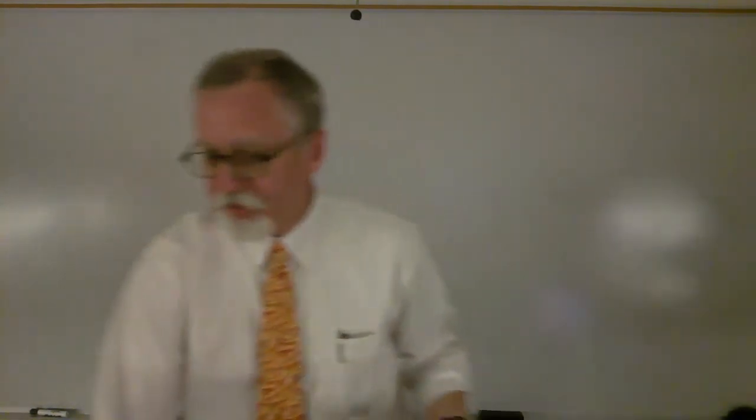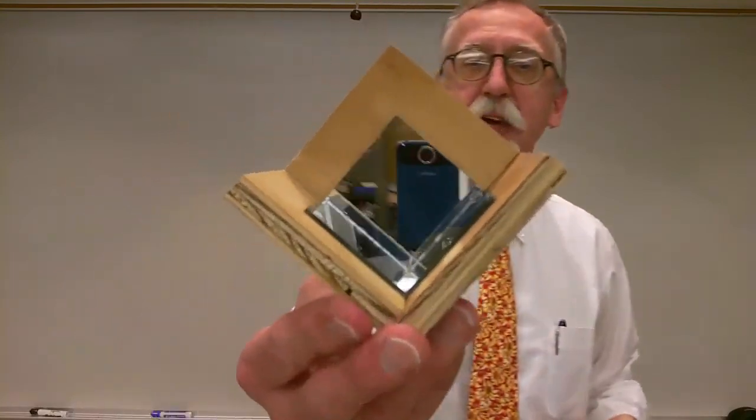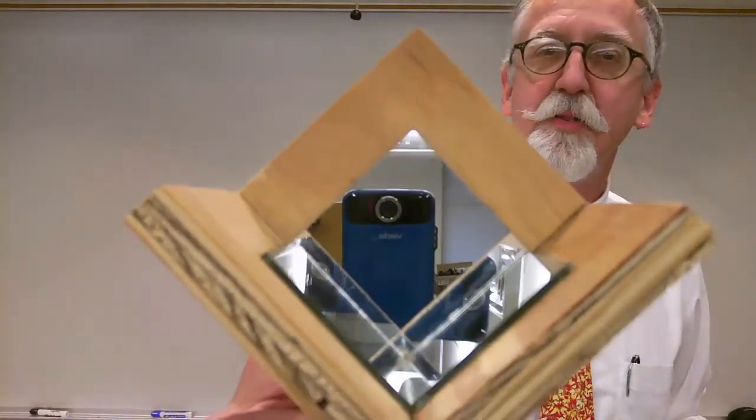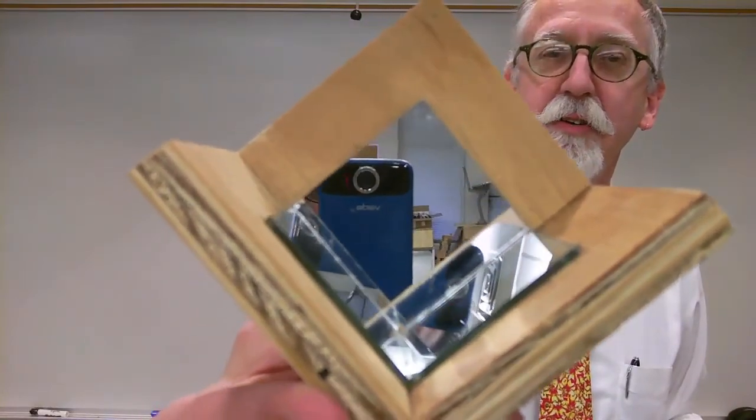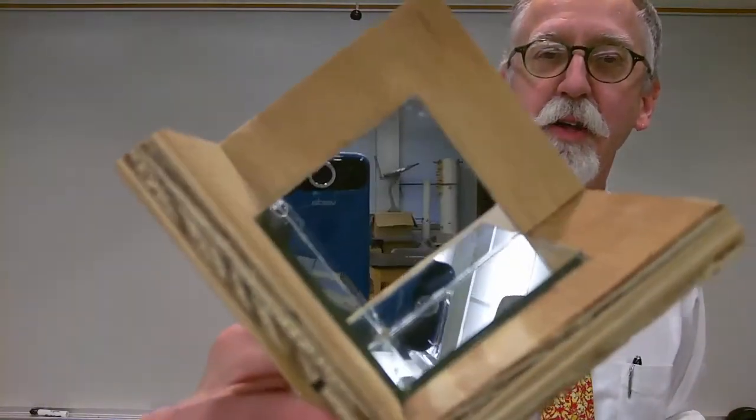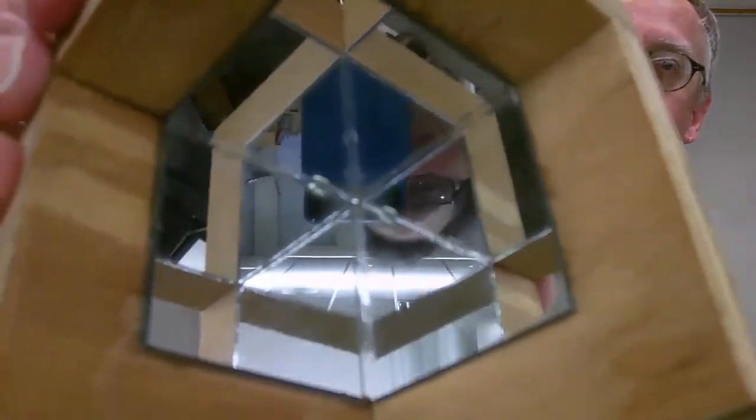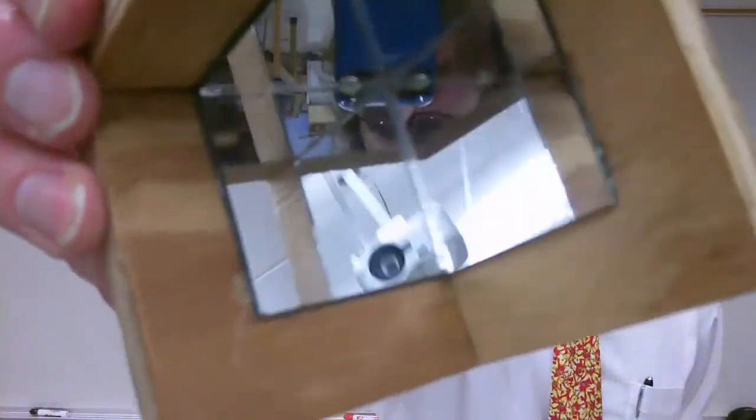This creates kind of an interesting result when you actually look at it. Now, you can see that there's a camera reflected off of the mirror. And now, if I bring this in and move it around, you'll notice that the aperture of the camera is always at the corner, no matter how I rotate the mirrors.